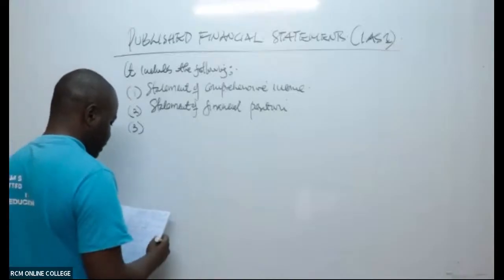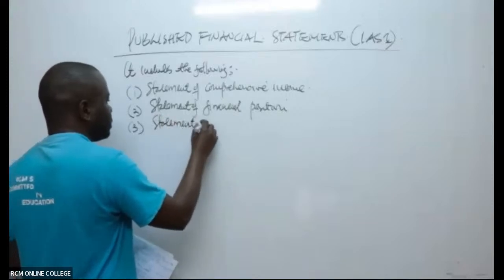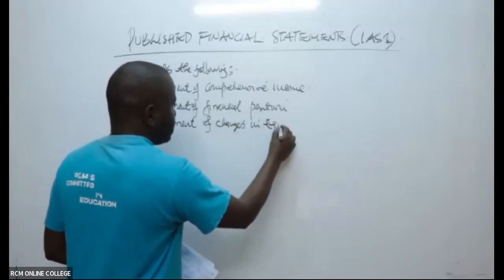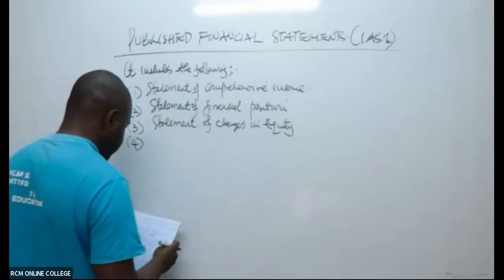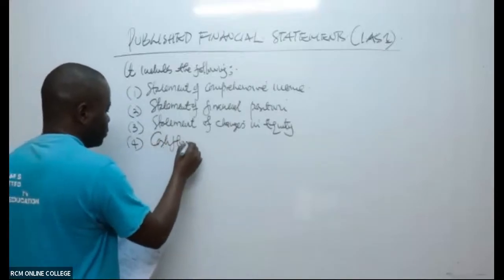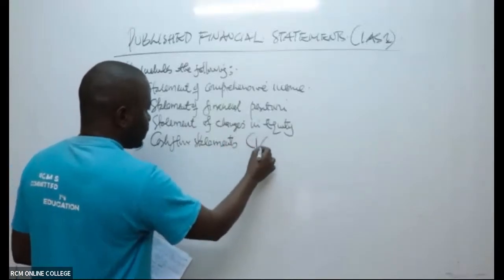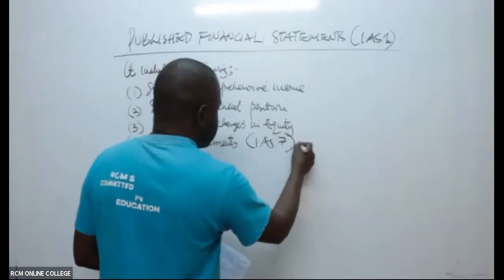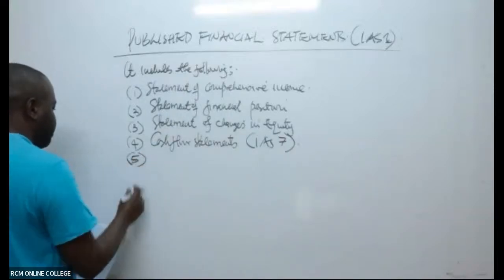Then number four, cash flow statements. This one is normally also addressed in another standard, IAS number 7. We'll look at how you prepare them.